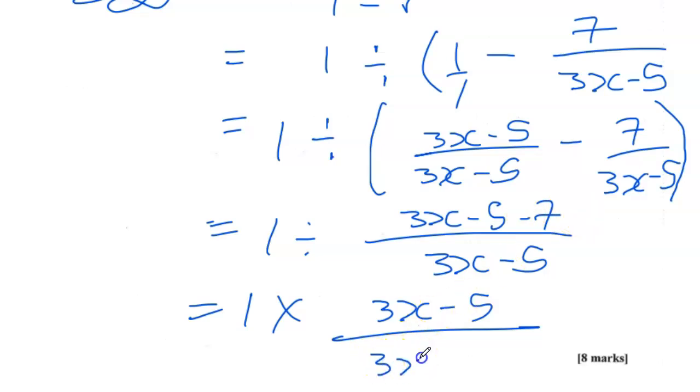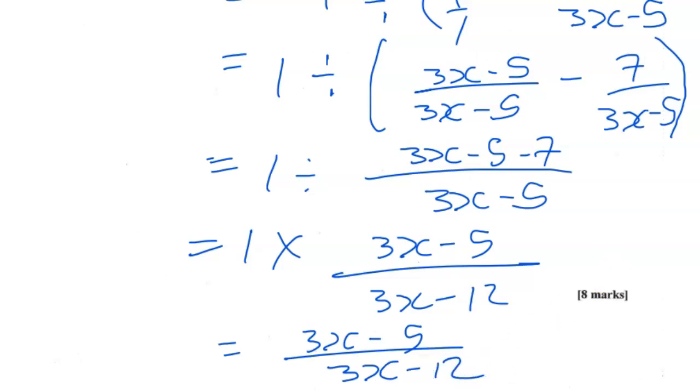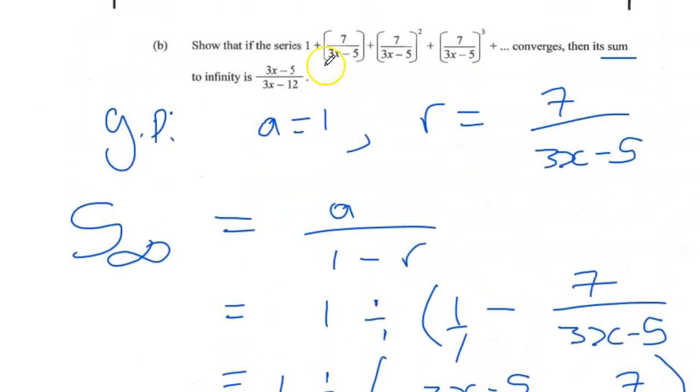So it's 3x, and then minus 5 minus 7, that's minus 12. So that gives us 3x minus 5 over 3x minus 12. And I believe that's what we're asked to show.